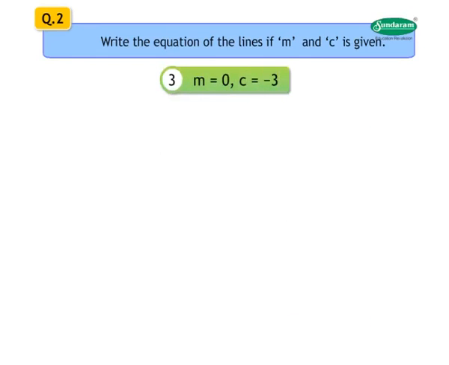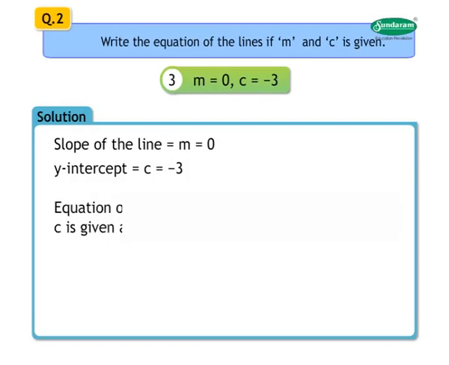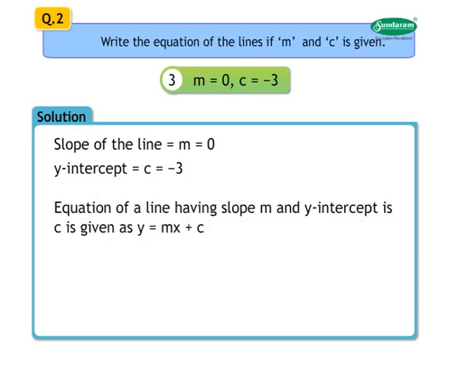Number 3. m = 0, c = -3. Solution. Slope of the line is m = 0. Y-intercept is c = -3. The equation of a line having slope m and y-intercept c is given as y = mx + c.